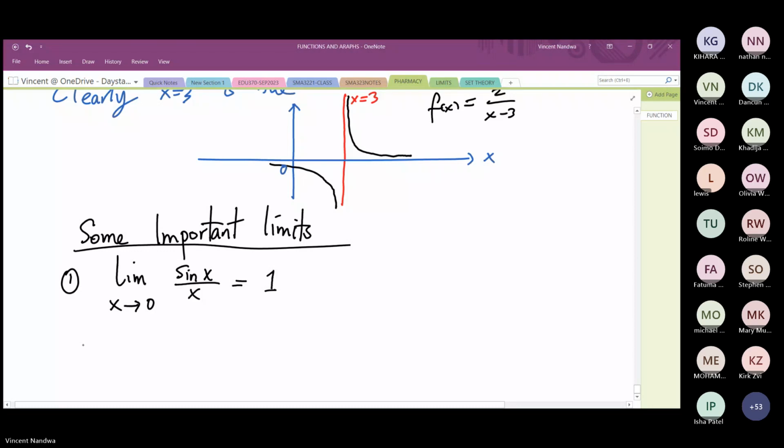Number 2, limit as x approaches 0 of 1 minus cosine of x over x is 0.